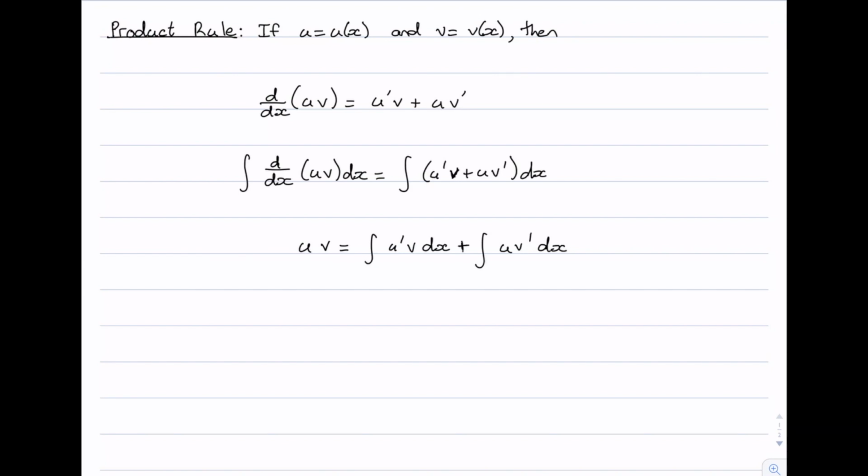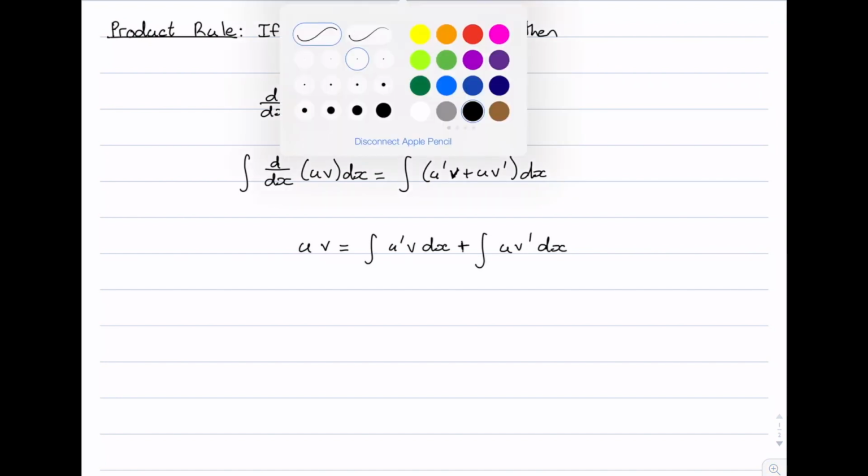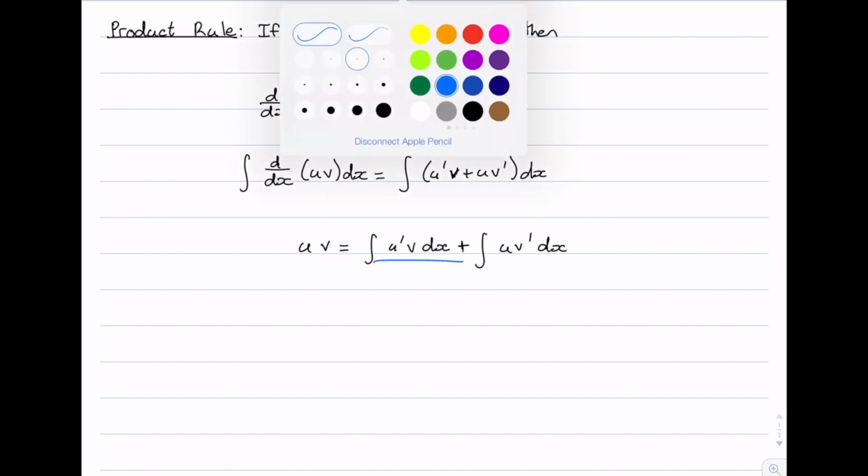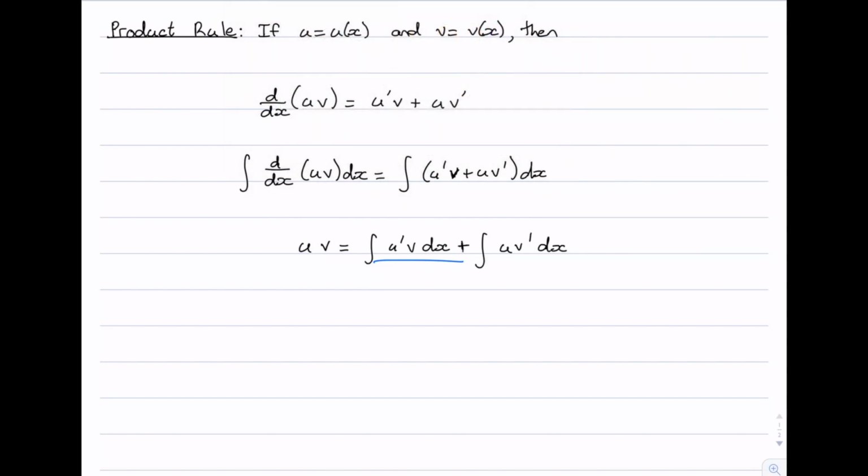Now what I'd like to do is take this integral to the other side. So that's going to give me uv minus the integral of u dash v dx is equal to the integral of u v dash dx.